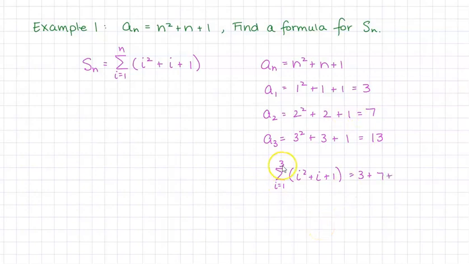And then I'm going to end at 3, which is 3 squared plus 3 plus 1, which is 13. So you can see I'm just getting the actual terms. That's the first term, that's the second term, that's the third term of the sequence, but now I'm adding them up. So the argument for your summation is just going to be your formula for a sub n. So it's kind of nice. I basically gave you that.